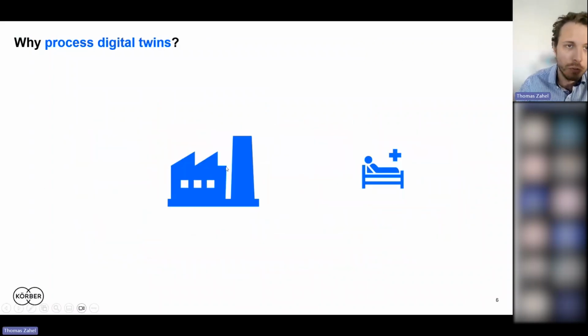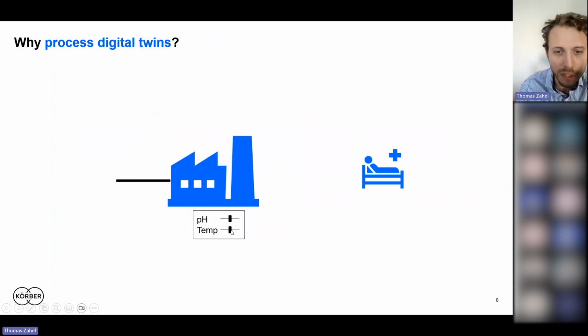So why do we actually need process digital twins? Again, I want to focus here on process digital twins, not equipment or facility digital twins. The reason is that believing there is a constant input to our facility, that we are controlling our process parameters always at the same level, and we will get the same output, is a very ancient belief.